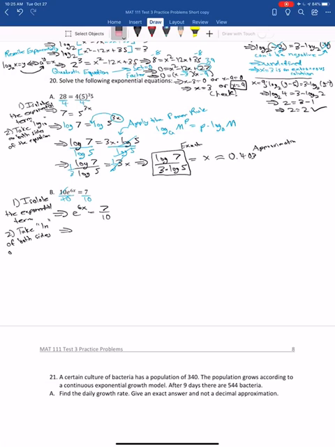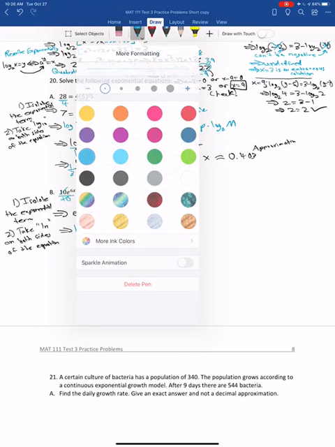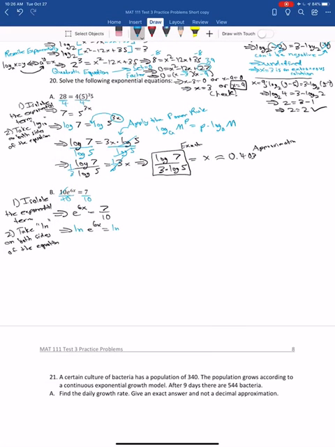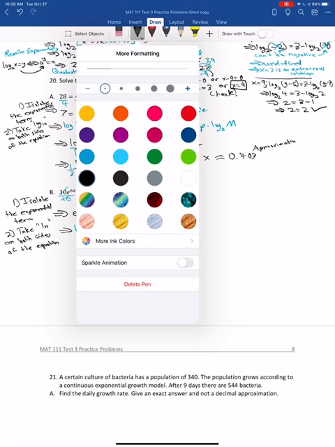Now, that will make it easy also in the end to check it on our calculator, because again, we have that shortcut, the natural log key on the calculator. So let's go ahead and do that. So I'm going to take the natural log, base e, abbreviated ln, on both sides of this equation. So we have natural log of e to the 6x power equal to log base e, or natural log, of 7/10.